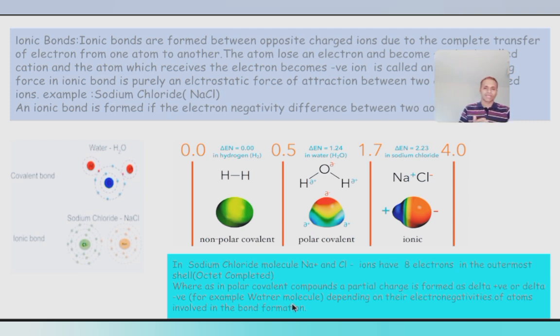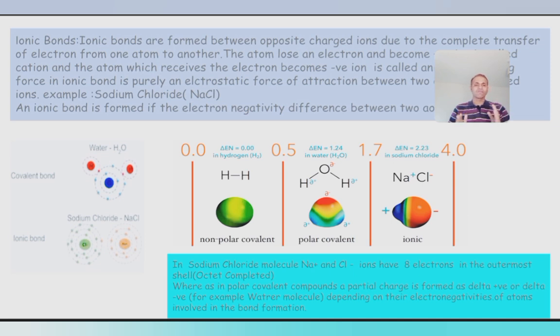So sodium becomes Na positive ion and chlorine becomes Cl negative ion. In that way, both sodium and chlorine attain an octet electronic configuration. That force is a purely electrostatic force of attraction, and those bonds are called ionic bonds. The point to remember in an ionic bond is that there is a complete transfer of electrons from one atom to another.